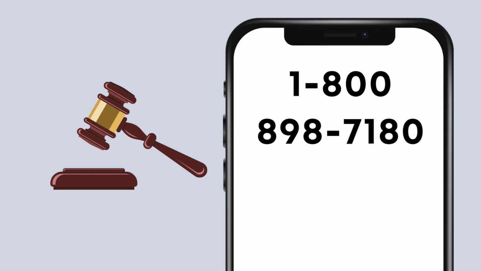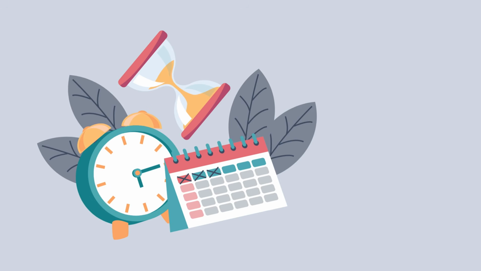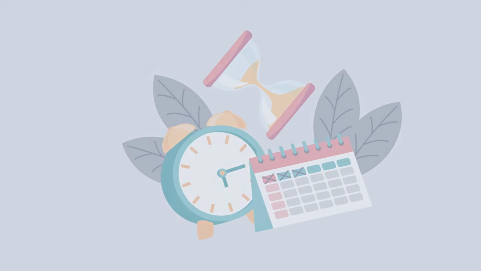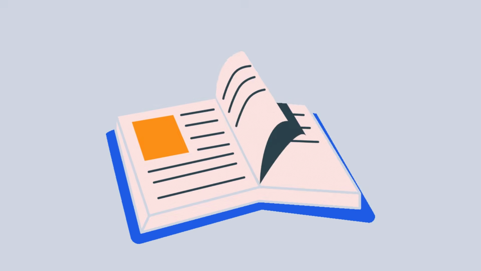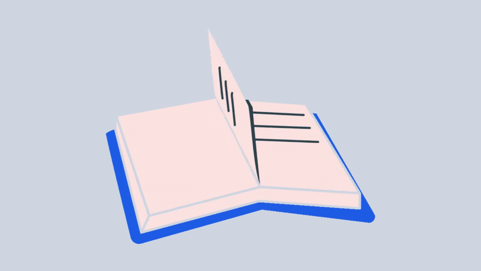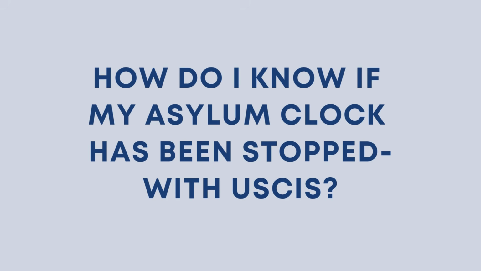This may have happened because you asked an immigration judge for more time to find a lawyer, or your lawyer asked the immigration judge for more time to prepare your case, or an immigration court staff made a mistake.